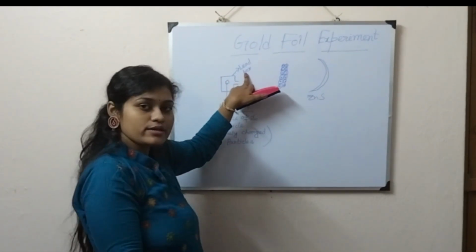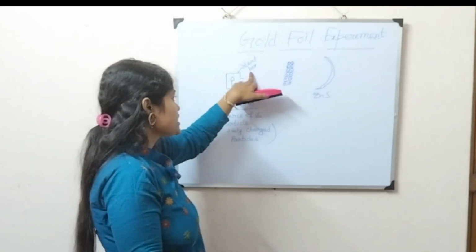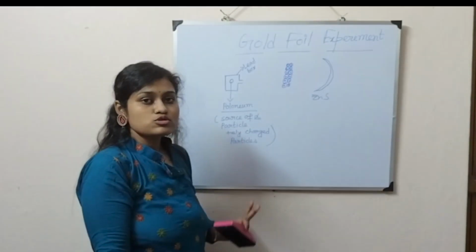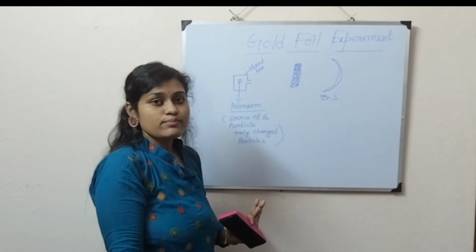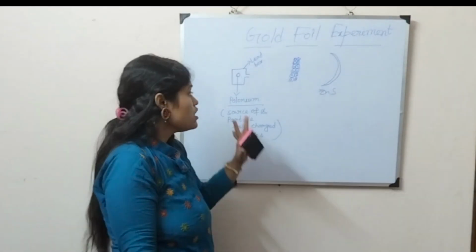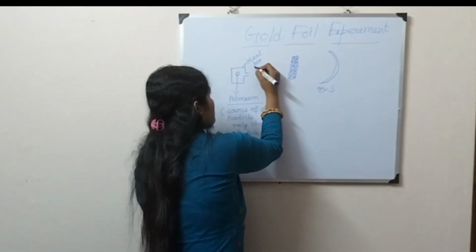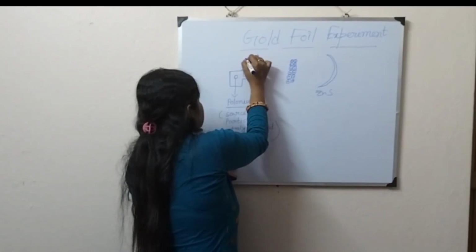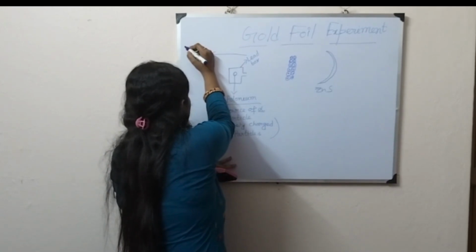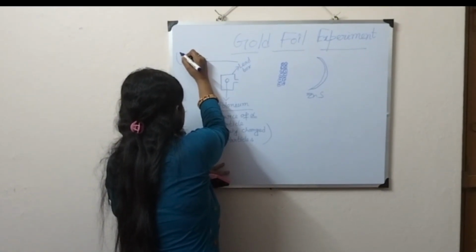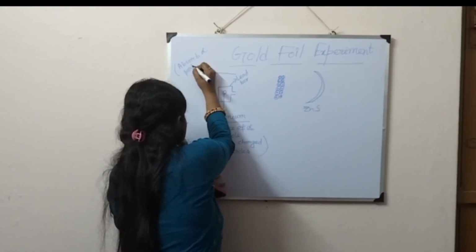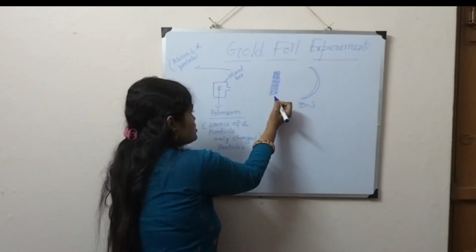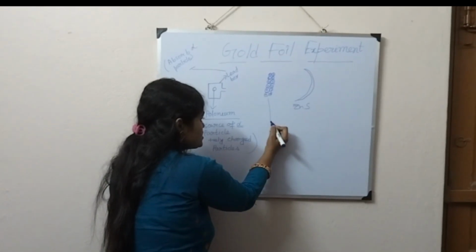Then why did he use the lead box? Because the lead box absorbs most of the alpha particles and does not let the alpha particles scatter out of the box. And this is the gold foil sheet.